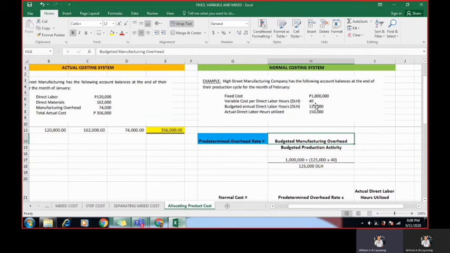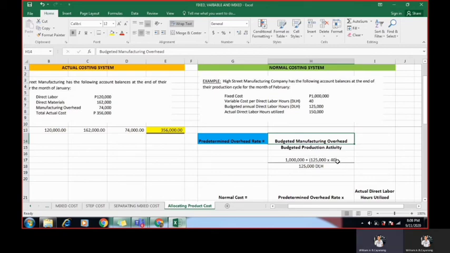So, we need to get the budgeted manufacturing overhead by adding the fixed cost plus, meron tayong open close parenthesis, this direct labor hours na budgeted, 125,000 times the 40. So 1 million is the fixed component while the answer or the solution for 125,000 times 40 will be our variable cost.